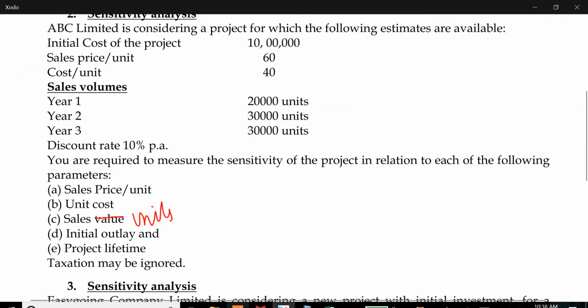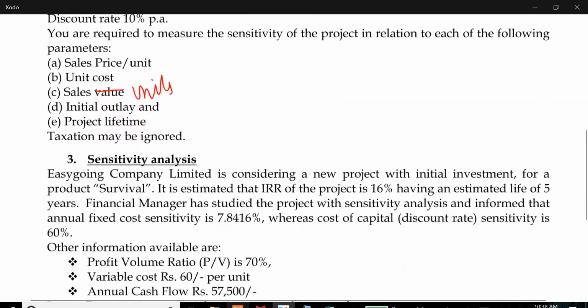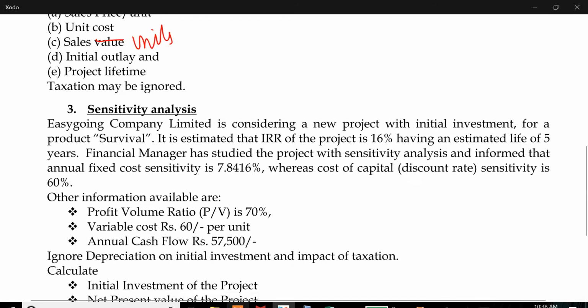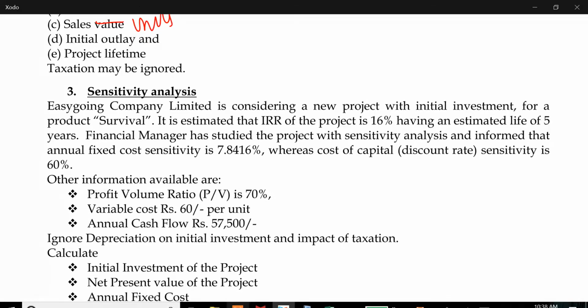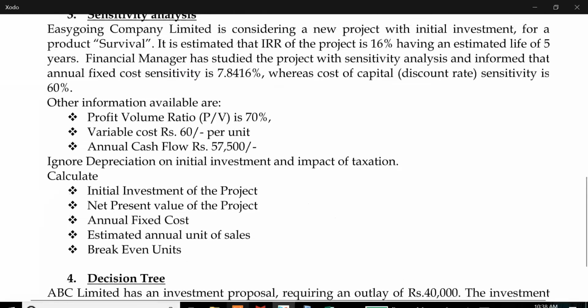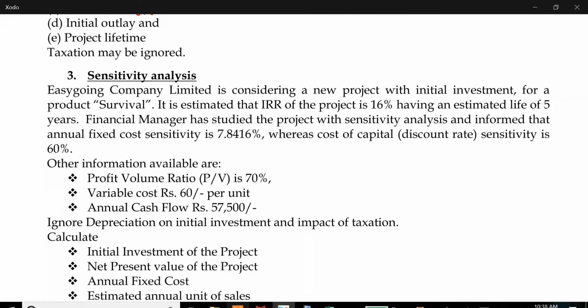Next one is easy. Sensitivity percentage for initial outlay. You write it. Sensitivity percentage for initial outlay. Change by base into 100.